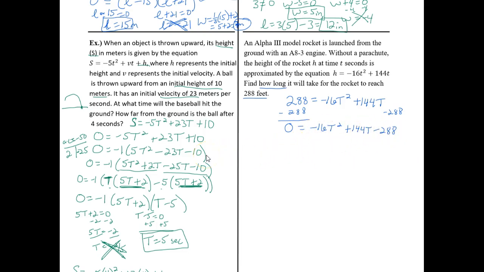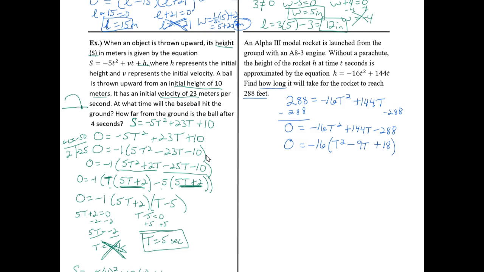In this case, the greatest common factor happens to be 16. So I'm going to take out a negative 16. Which would leave me with a positive t squared. 144 divided by negative 16 would be negative 9t. And negative 288 divided by negative 16 would be a positive 18.